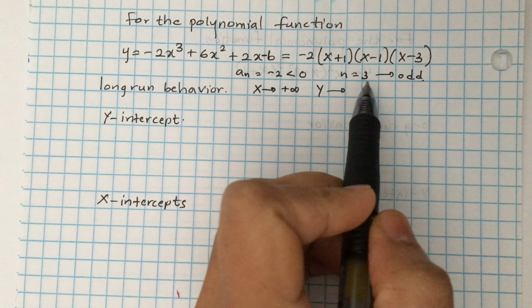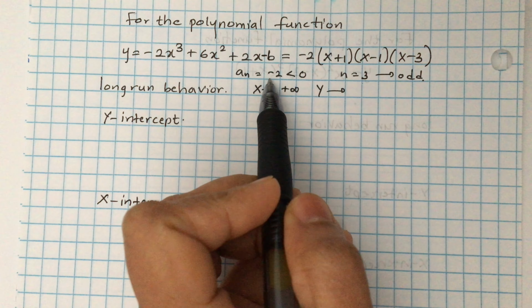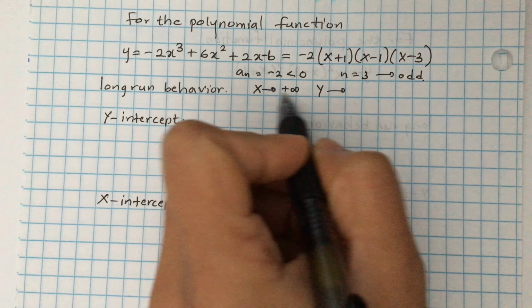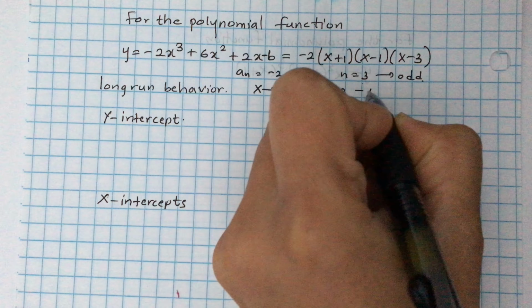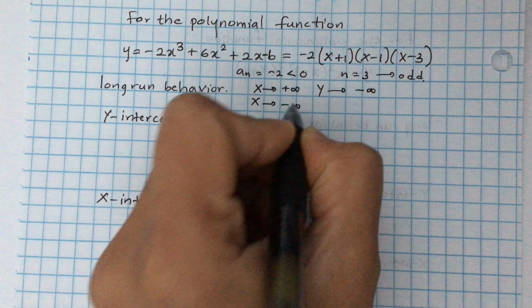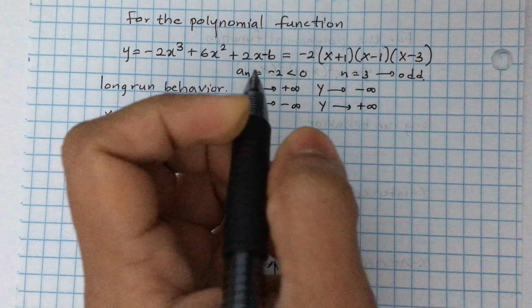So if you have a polynomial with odd degree and your leading coefficient is negative, then the long run behavior: x goes to positive infinity, your y goes to negative infinity, and x goes to negative infinity, your y goes to positive infinity.